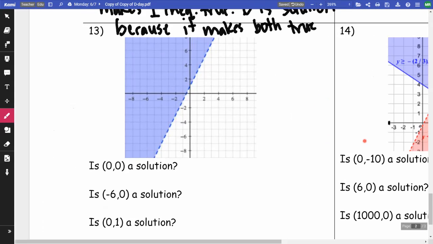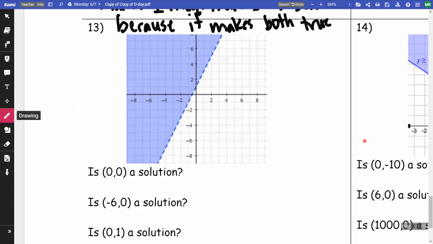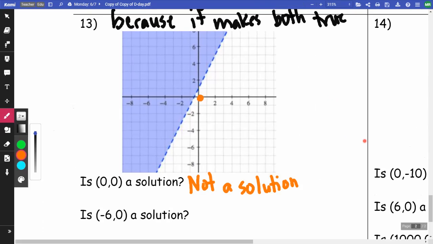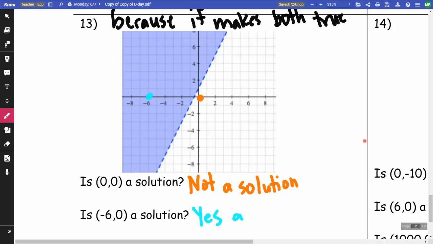Okay, so let me do the same idea. (0, 0), let me zoom in, (0, 0). Well, that's not in the shaded region, so not a solution. (-6, 0). -6, 0 is over here. So yes, a solution.